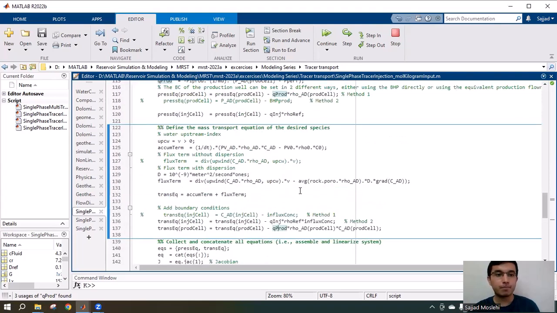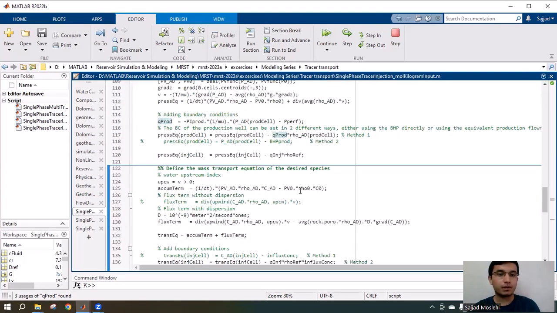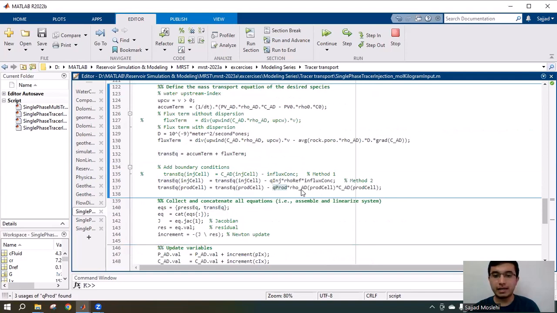multiplied by the density of the fluid, the density of water in the production cell, multiplied by the concentration of that tracer in the production cell.